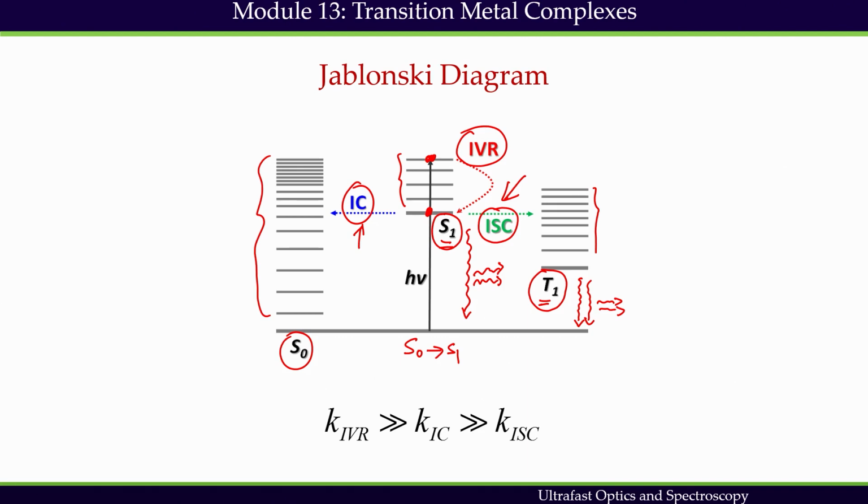In the context of photochemistry and photophysics of transition metal complexes and organic molecules as well, it is assumed that the fastest process occurring in the course of excited state relaxation is IVR. So, IVR is the fastest process, then I have IC, then I have ISC.